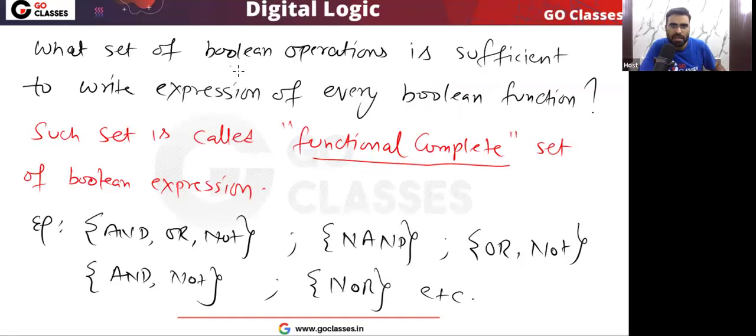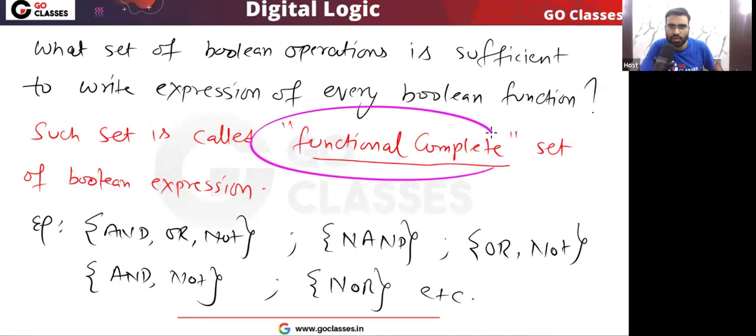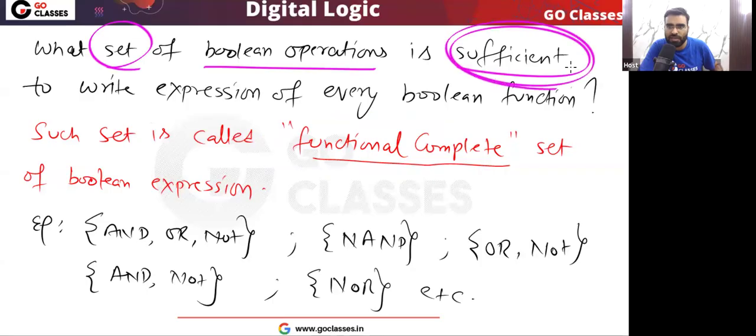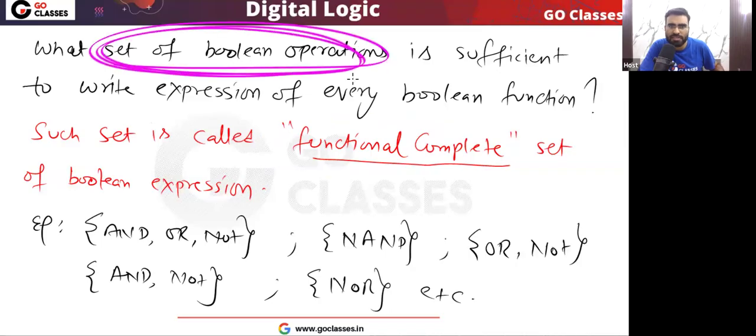So our topic is functional completeness, a set of Boolean operations using which we can express any Boolean function. We want to find which set of Boolean operations is sufficient to write the expression of every Boolean function. Such a set will be called functionally complete.